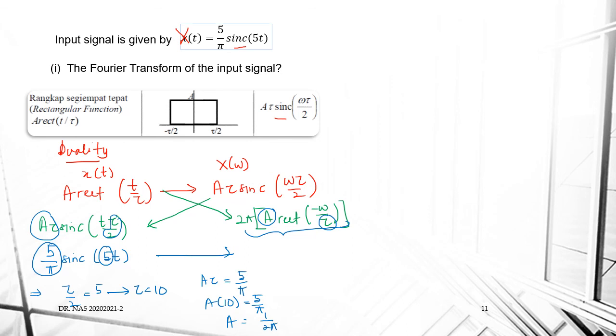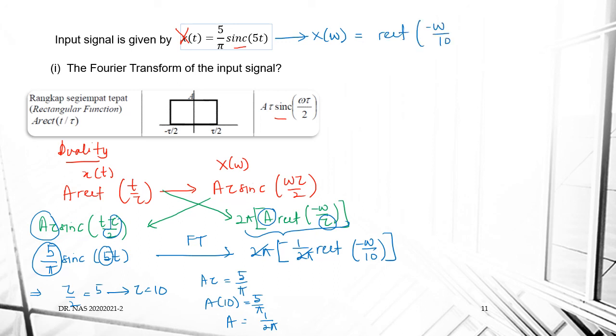Therefore your answer will be 2 pi times A, which is 1 over 2 pi, rectangular of negative omega over 10. Simplify the equation. So the Fourier transform of this function, X(omega), equals rectangular of negative omega over 10.